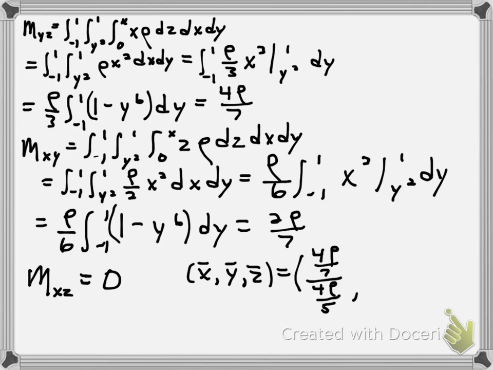Okay. Our y coordinate, well, since our moment about the xz plane is 0, it's 0. And then the z coordinate for the center of mass is the moment about the xy plane, which is 2 rho over 7, and then, of course, divided by the mass, which is 4 rho over 5.